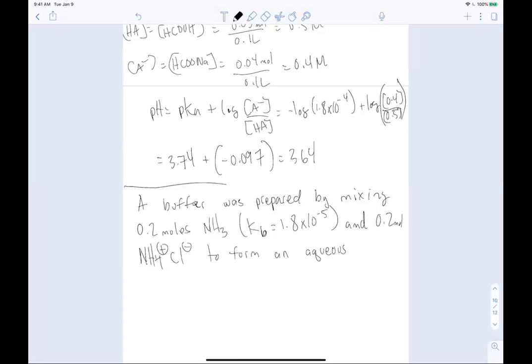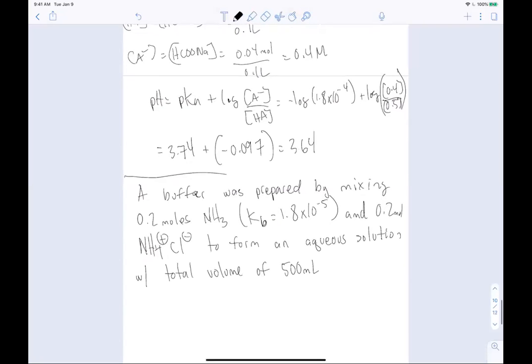That's going to form an aqueous solution with total volume of 500 milliliters.